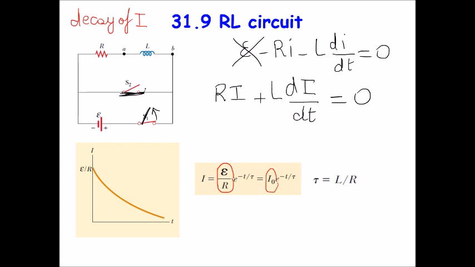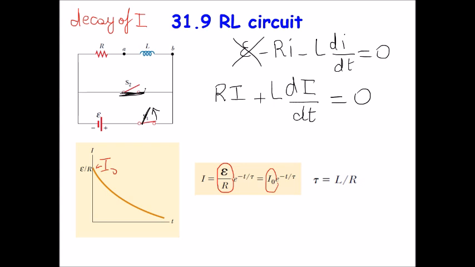On the first experiment, when you connect this RL circuit to a battery, it depends when you stop that experiment. If you wait a long enough time, the current flowing in the circuit will be equal to E over R. If you wait just less than that, you have a certain current, which is I naught, which is different than E over R.